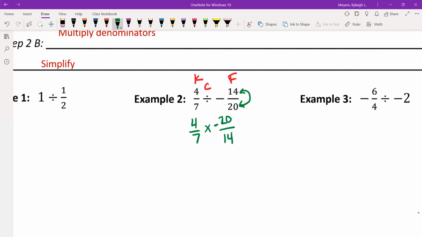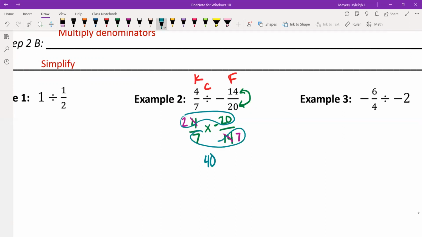Okay, and now we want to figure out, do we have cross product? Because we want to always simplify first. Otherwise, we're going to have big numbers. So we're going to simplify 4 and 14 by 2. And then we have numbers that are a little bit more manageable, right? So now we have 2 times 20, which is 40.